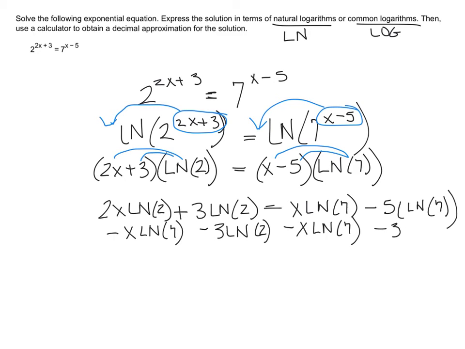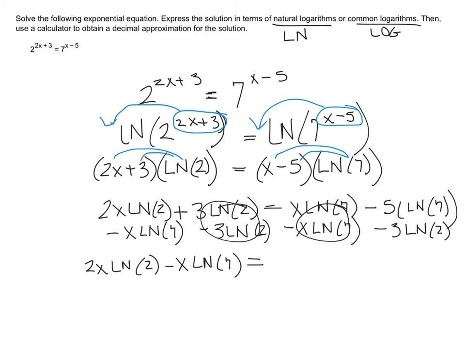That allows me to bring all of the x's on the left and all the numbers on the right. So I'm left with 2x ln 2 minus x ln of 7, and that equals negative 5 times ln of 7 minus 3 times ln of 2.